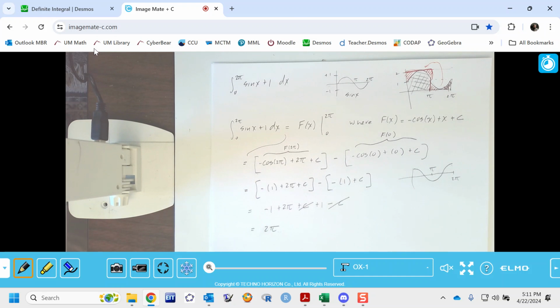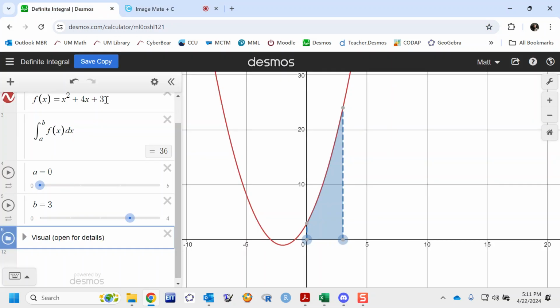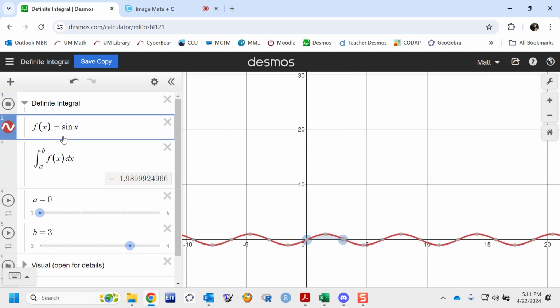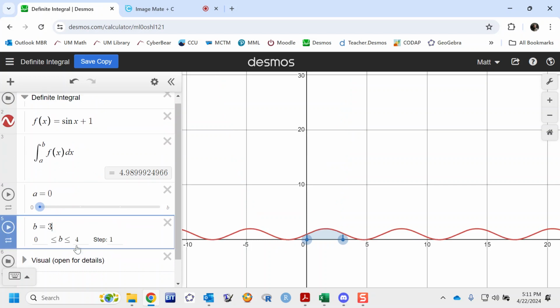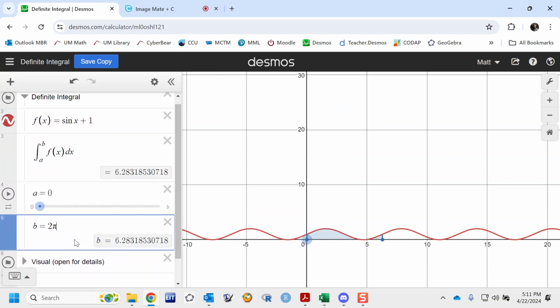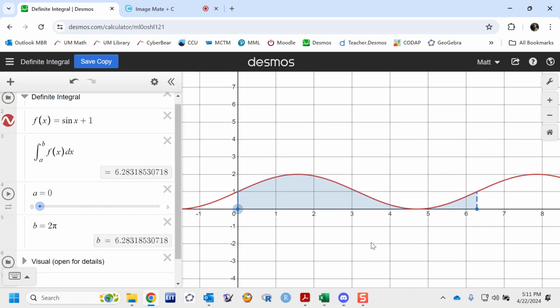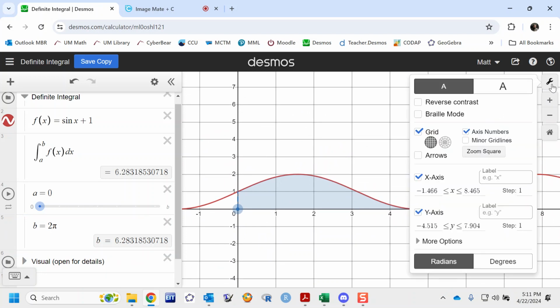But let's go ahead and check it out anyway. I'll do sine x plus 1. There it is. We're going to integrate from 0 to 2 pi. Okay, so there's your picture. It's not a very nice picture as it stands, but I can clean it up.